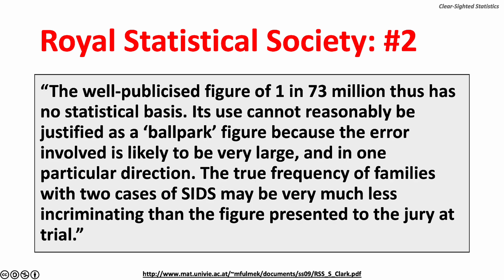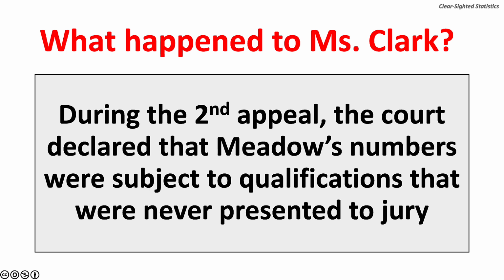The Society's second point: the well-publicized figure of 1 in 73 million thus has no statistical basis. It cannot reasonably be justified as a ballpark figure because the error involved is likely to be very large and in one particular direction. The true frequency of families with 2 cases of SIDS may be very much less incriminating than the figure presented to the jury at the trial. What happened to Ms. Clark?